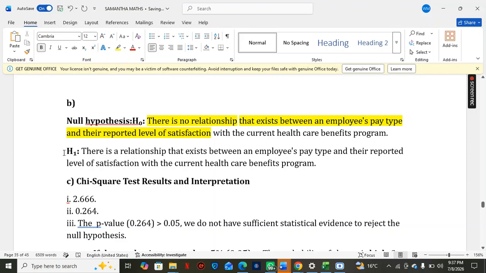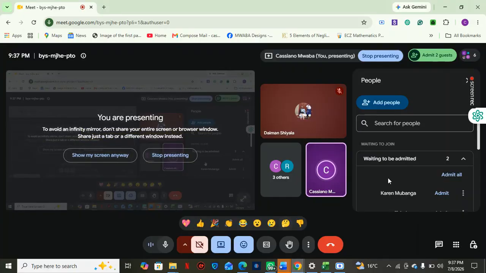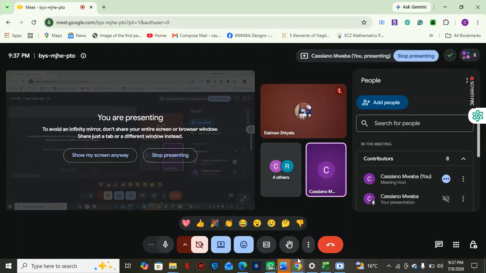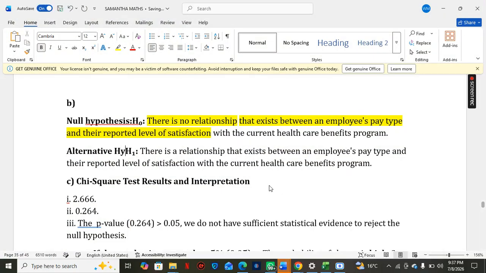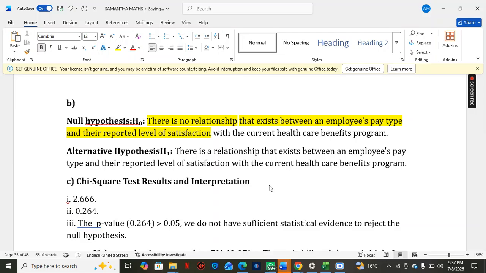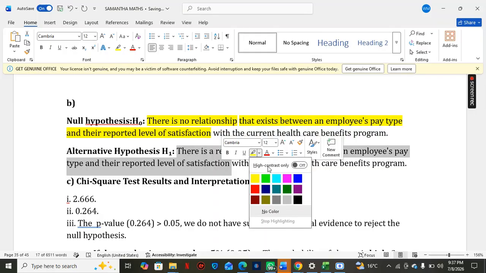Then the alternative hypothesis. For the alternative hypothesis, you are going to assume there is actually a relationship. You're going to say there is a relationship that exists between the employee's pay type and the reported level of satisfaction.